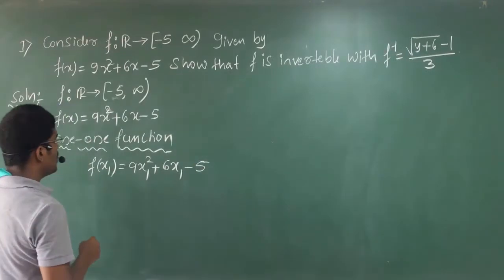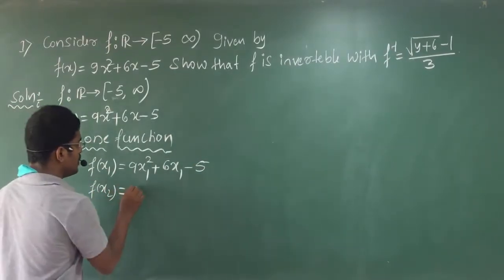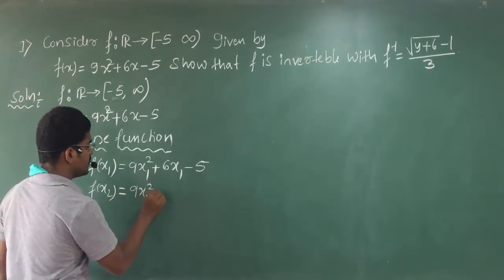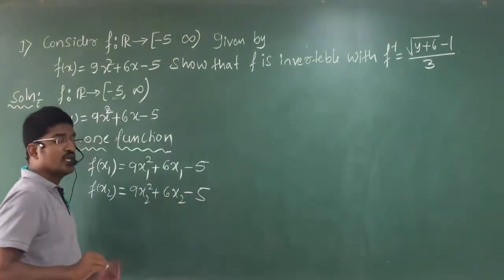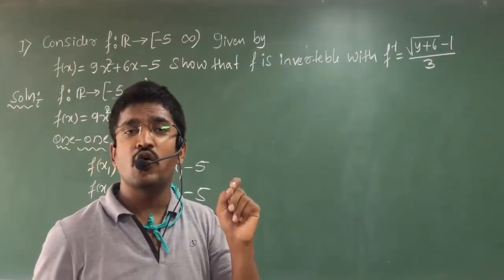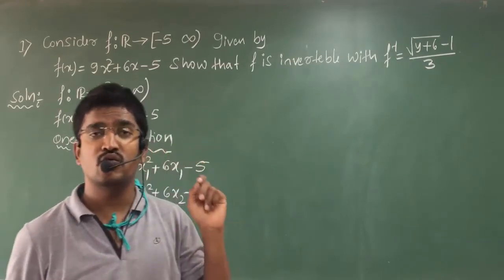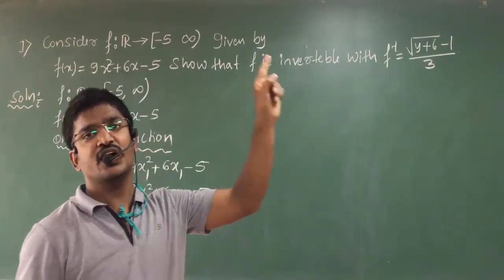Clear? I will also write f of x2 equal to 9x2 square plus 6x2 minus 5. You can see the link of the video in the corner where I have explained one-one functions and how to show a one-one function.